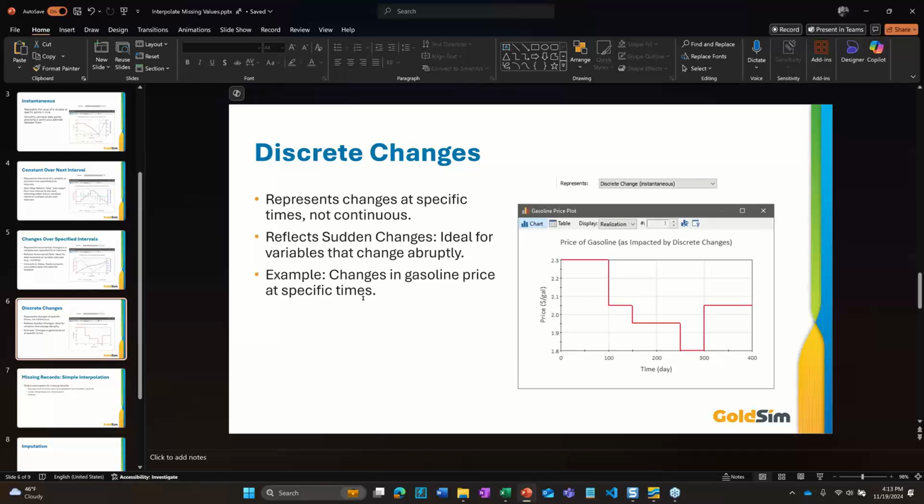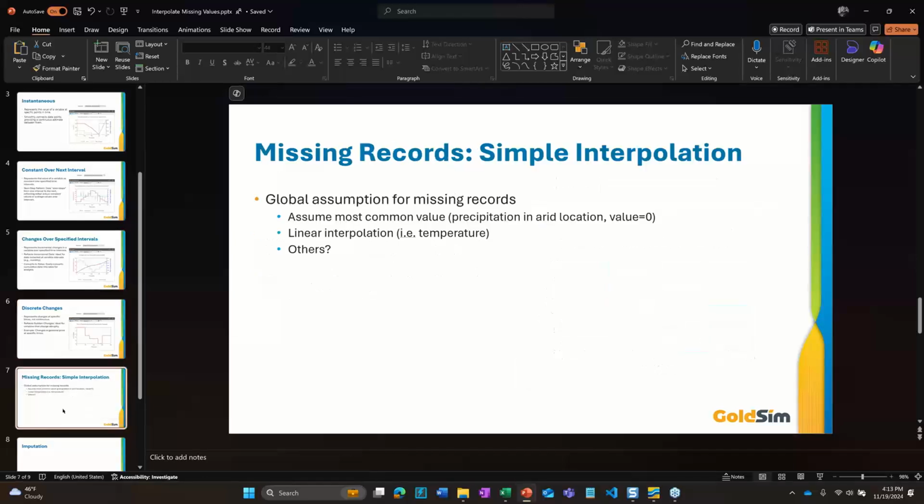So for example, maybe you're measuring a water level, and you're not measuring at regular intervals, only at specific points in time. Then you might want to use a discrete change, because then it will only output those values at those times instead of every single time point. This will make a little more sense as I show you an example. And let's do that now.